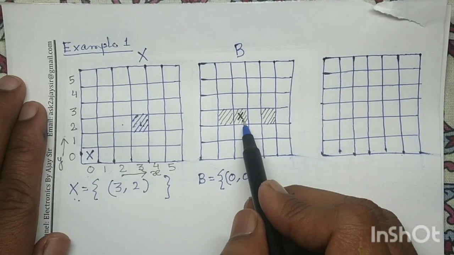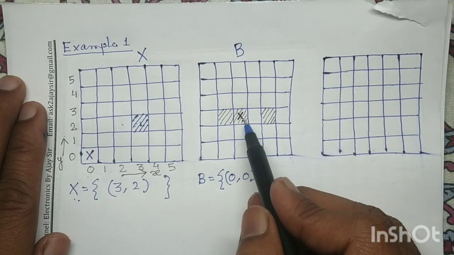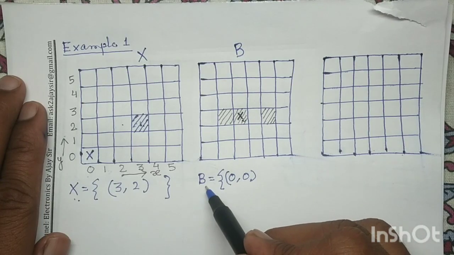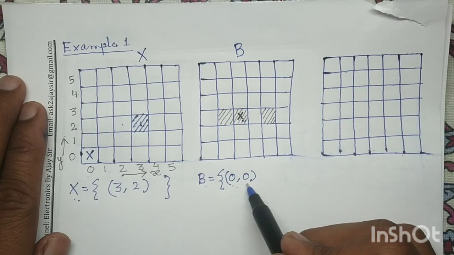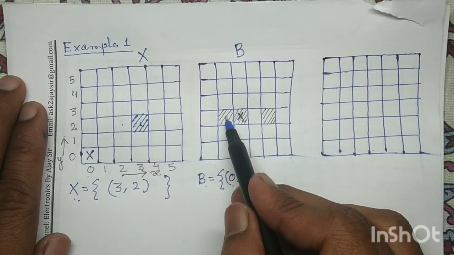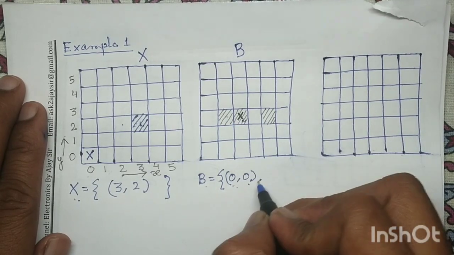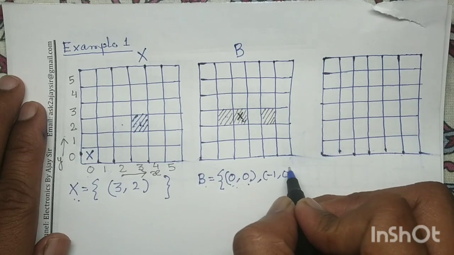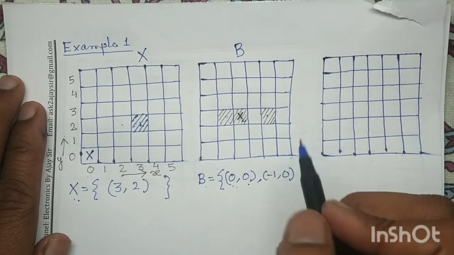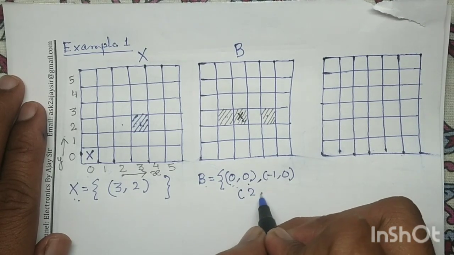Since this is a shaded portion, we include its coordinate in the structuring element set B. So the first coordinate I wrote is 0, 0. For the second point the coordinates are -1, 0, and for this shaded portion my coordinates are 2, 0.